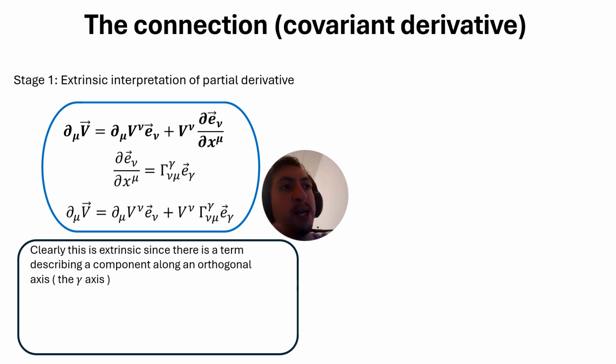But if we want to think of the partial derivative and then the covariant derivative intrinsically, we don't want E gamma. We want everything to have a basis vector of E nu, so that we're working with basis vectors that are tangent to the manifold, and ideally also the basis vectors we're expressing our vector on the manifold in.